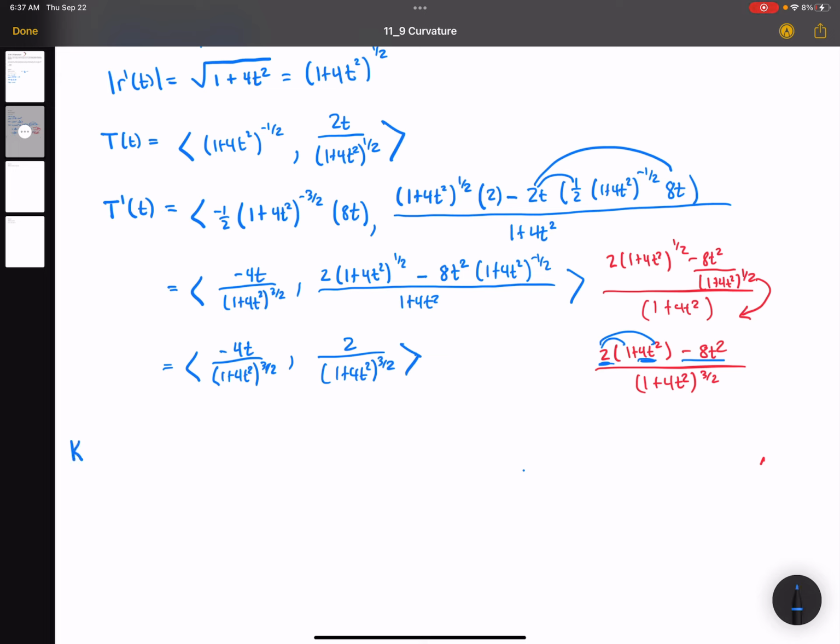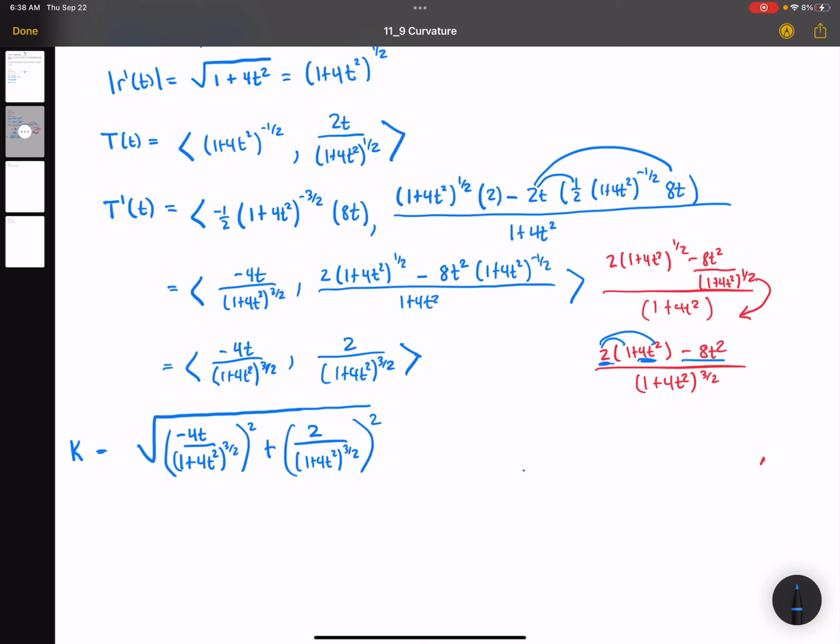So our curvature is equal to, in the numerator, the square root of (negative 4t divided by (1 plus 4t squared) to the 3/2) squared, plus (2 divided by (1 plus 4t squared) to the 3/2) squared.